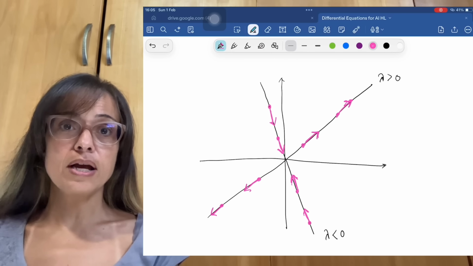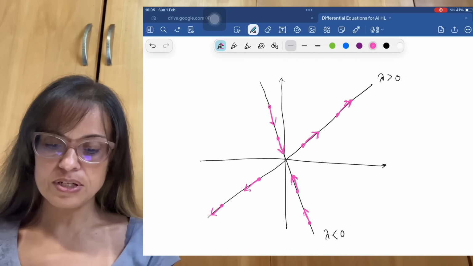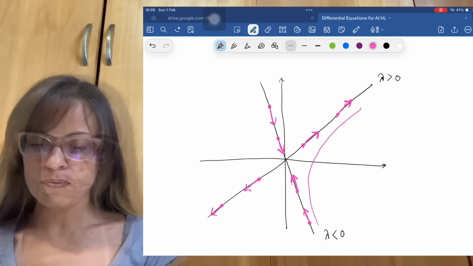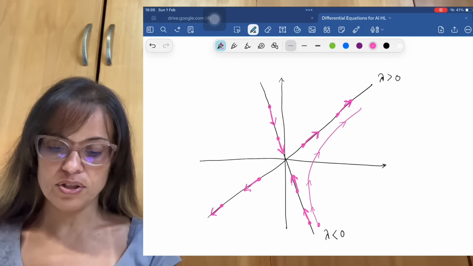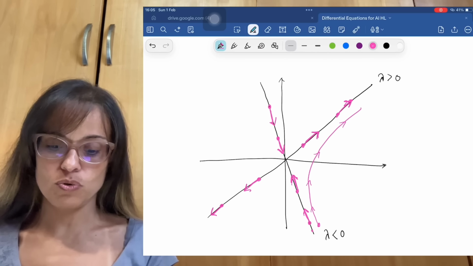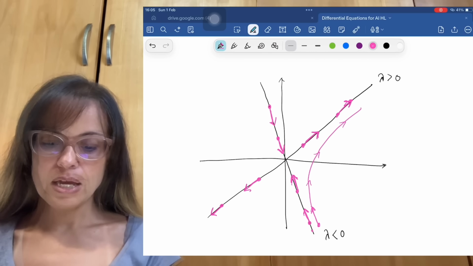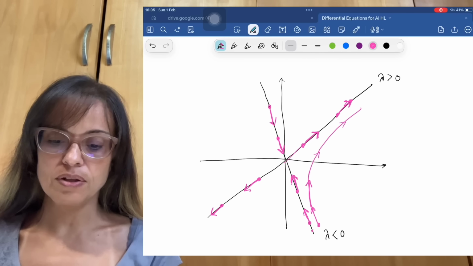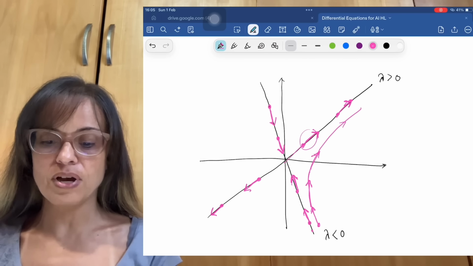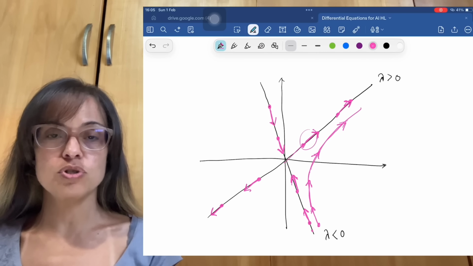And everywhere else, we're supposed to have things that sort of follow the same general direction. So this point here is not on the eigenvector, but it is close to it, so it's going to do something similar. As we get closer and closer to the other eigenvector, then that starts having more of an effect and the trajectory goes this way.